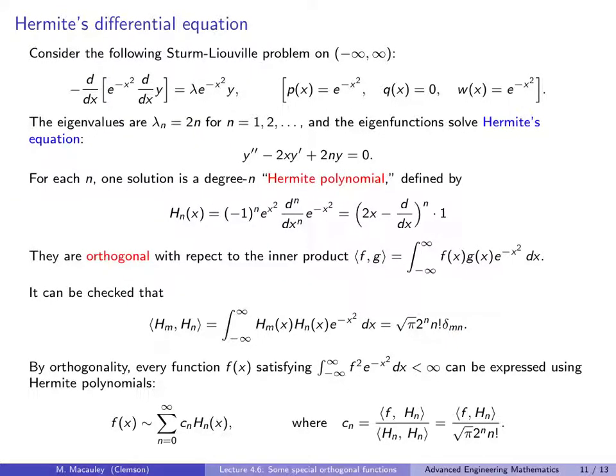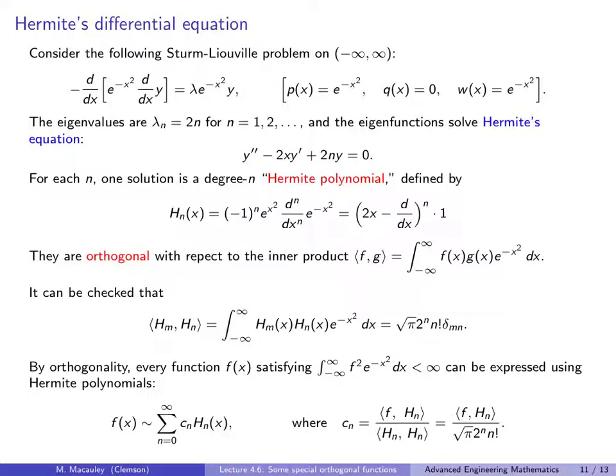By orthogonality and the main theorem of Sturm-Liouville theory, every function f of x that has finite norm, in other words, the integral of f squared times e to the negative x squared over the real line is finite, can be expressed using Hermite polynomials. In other words, there is some unique infinite linear combination, Cn Hn of x, that converges to f of x in that weird norm with this weight.